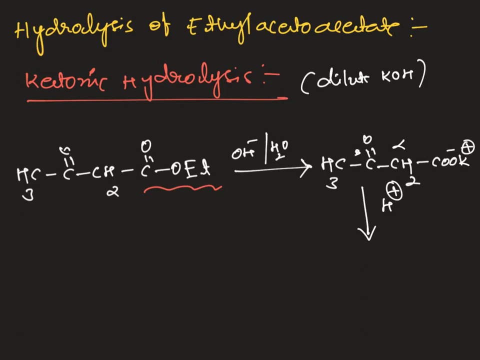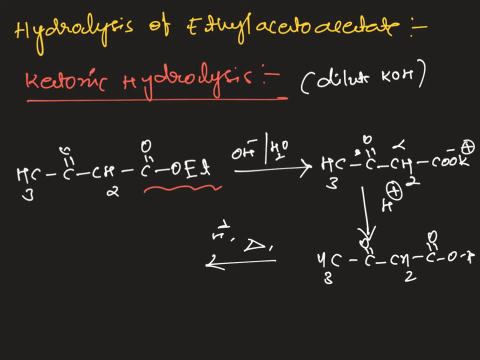Whenever we are adding an acid, first it will form the corresponding carboxylic acid, CH2 double bond O OH, and this immediately, when we start heating in acidic medium, undergoes a decarboxylation reaction.